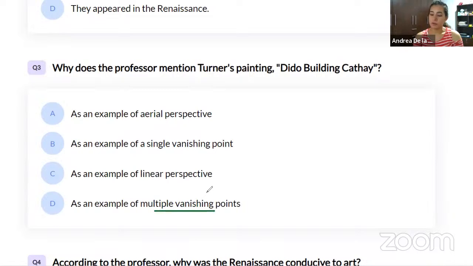When does the professor talk about this? Anyone?